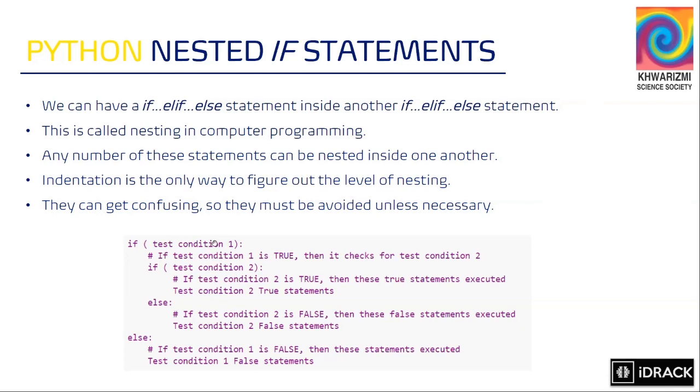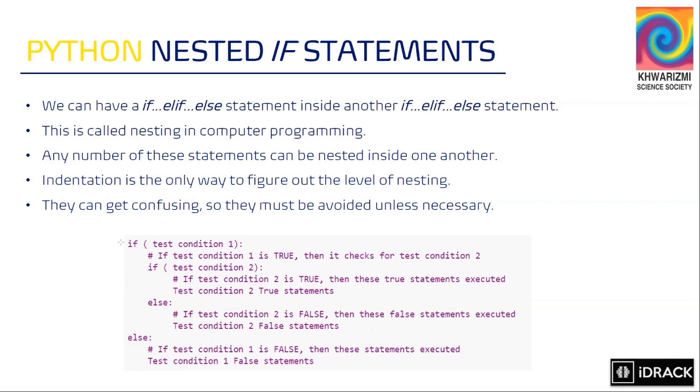So if test condition 1 is true, then it will go inside this block and then check for test condition 2. And if that is true, then you can add in another condition as well. Or if that is not true, then it would go to this else and execute this. And if none of this was true, then it would go to the main else.